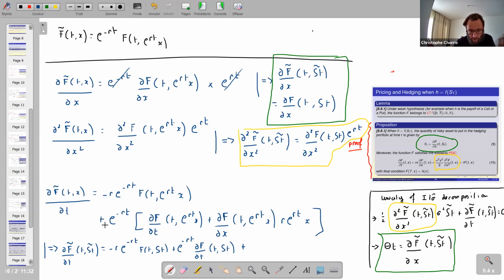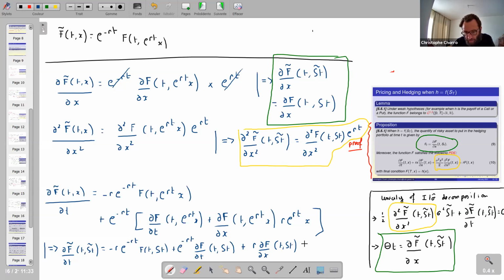I have a simplification between this one and this one. If I plug S_t tilde here, I can write it this way, plus r df over dx of t, S_t, multiplied by, so I have the r that is here, the exponential that simplifies, and it remains the x where I plug S_t tilde.